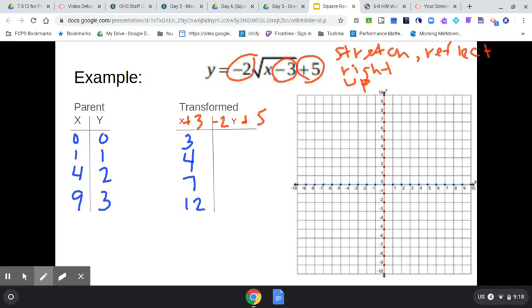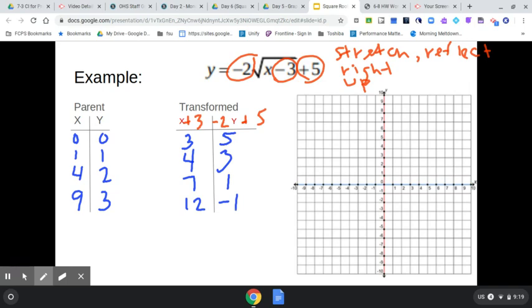So 0 times -2 is still 0, plus 5 is 5. 1 times -2, that's -2, plus 5, that gives me +3. The next y value of 2, again, we're multiplying by -2, that gives me -4, plus 5, that's 1. And -2 times 3, that gives me -6, plus 5, that's -1.